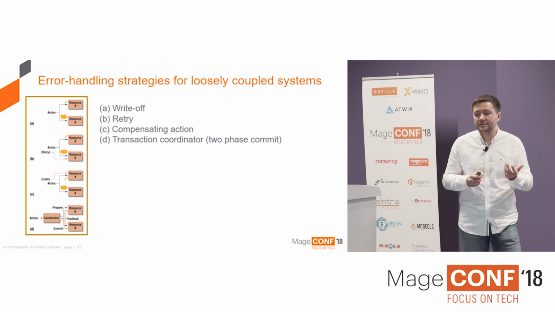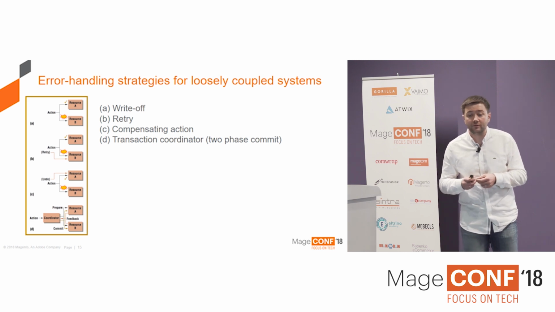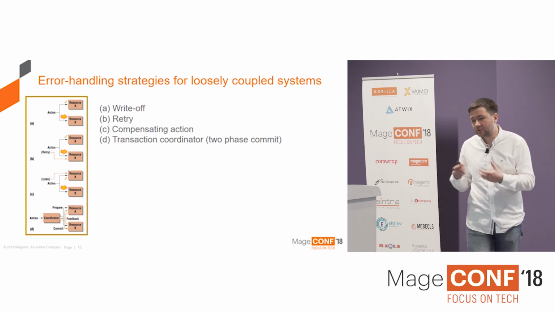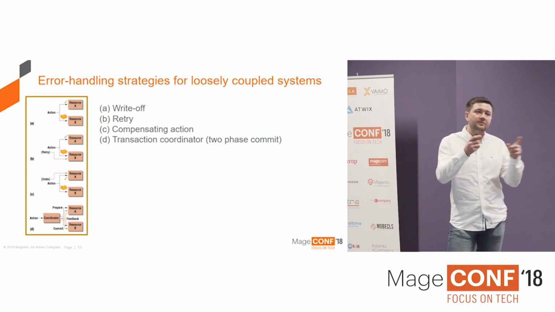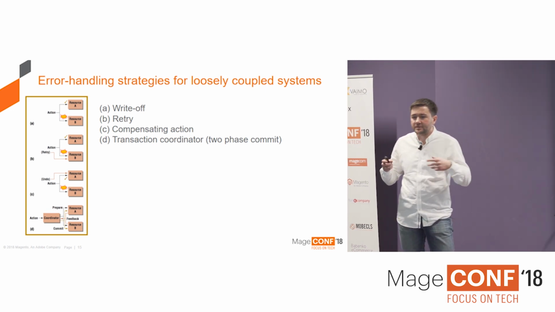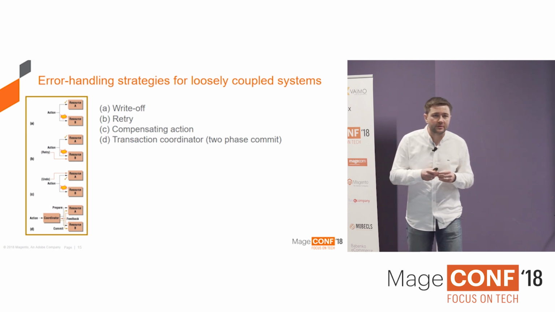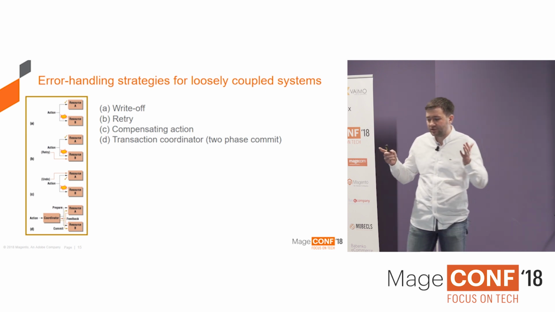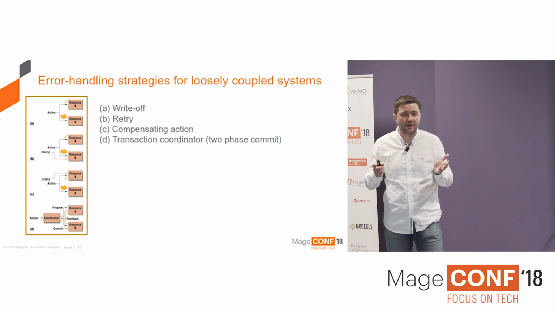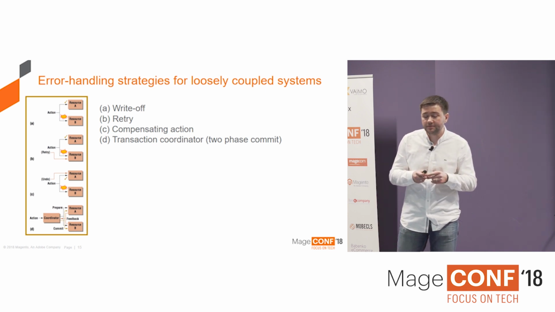The first one, the easiest one, is called the write-off. If you are supposed to apply changes to several different nodes, and these nodes are on different servers, you can just combine these updates into one big transaction.